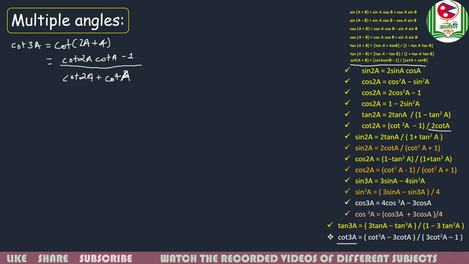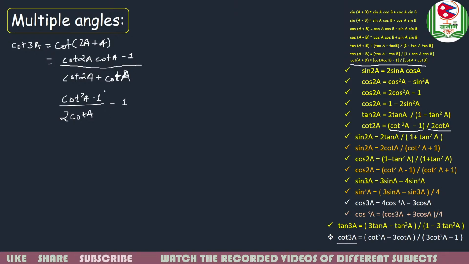Okay, so what we will do, this one is cot A. So again we will replace this cot 2A by using what formula? We have the formula here, cot 2A equals cot square A minus 1 divided by 2 cot A. So just replace cot 2A in both numerator and denominator by using this formula. So we will write cot square A minus 1 divided by 2 cot A minus 1.